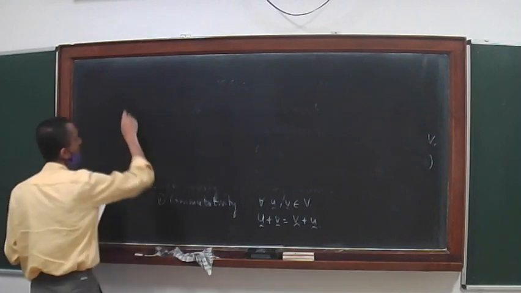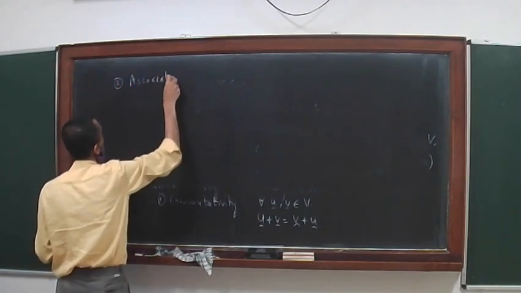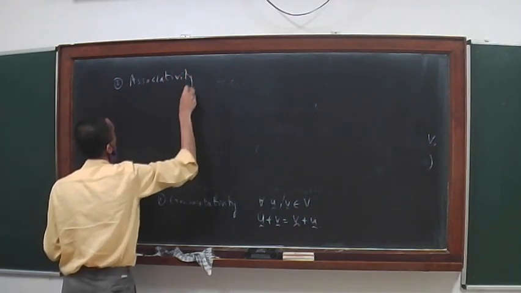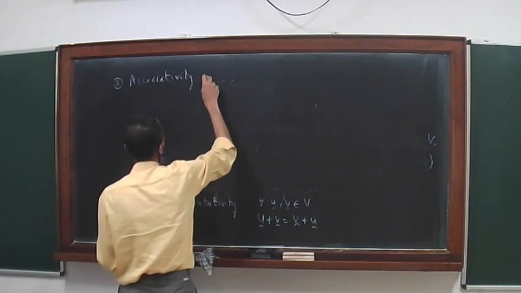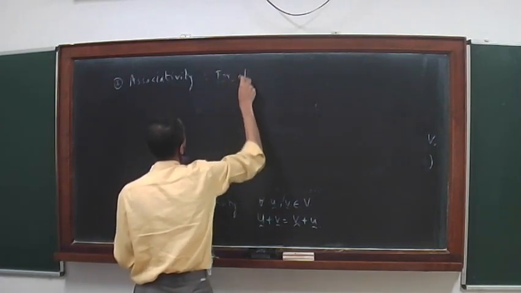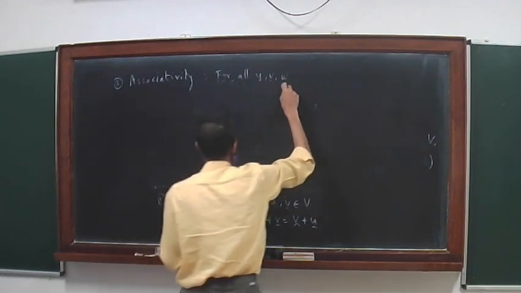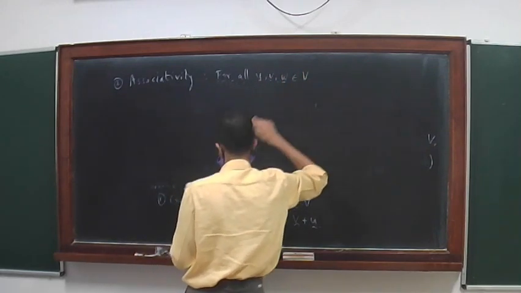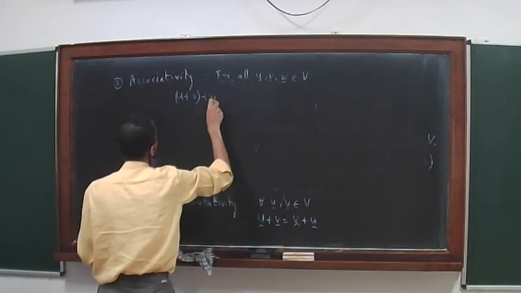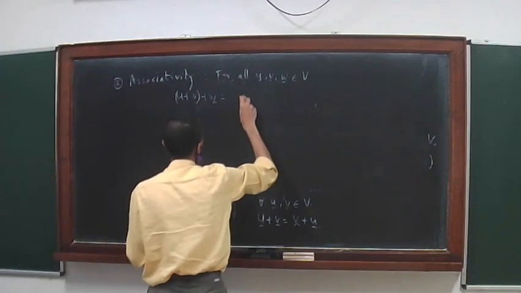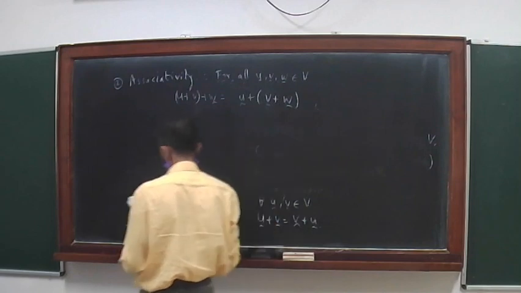The second one is associativity. For all u, v, w belonging to V, u plus v plus w is equal to u plus v plus w, with the grouping taken either way.